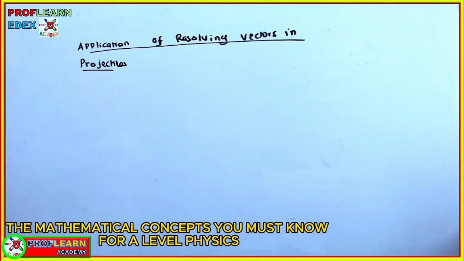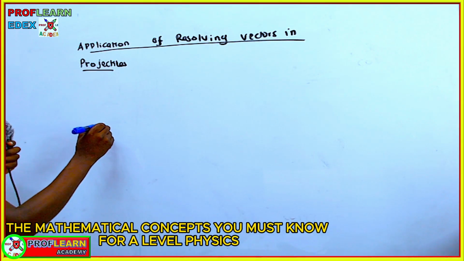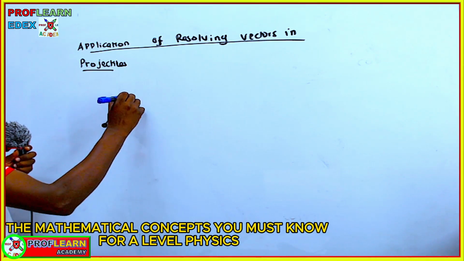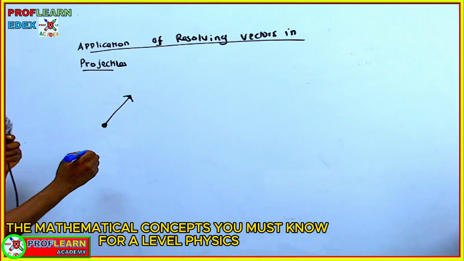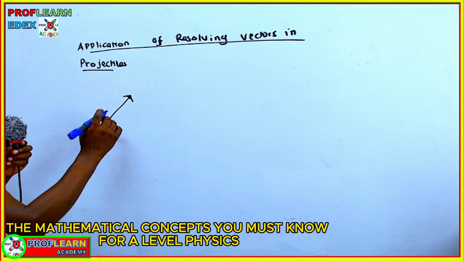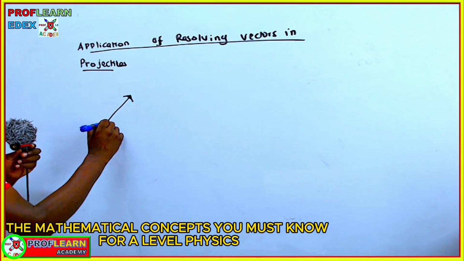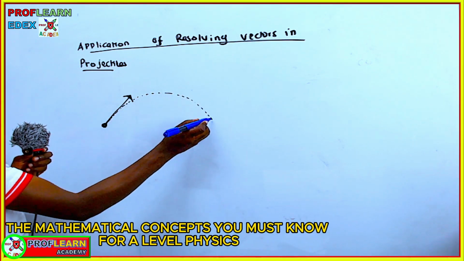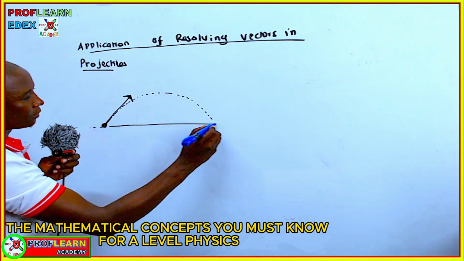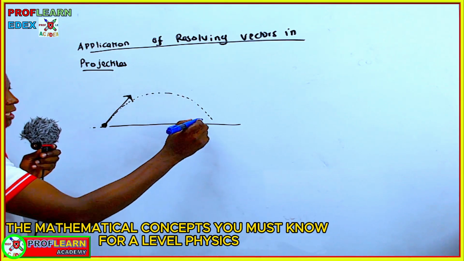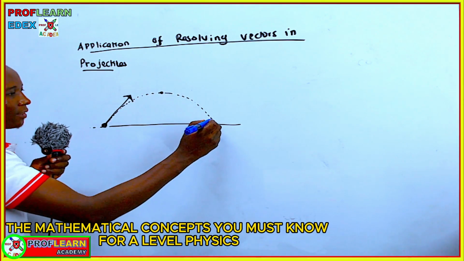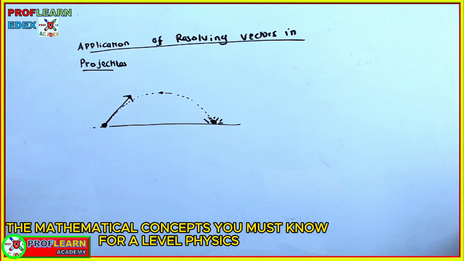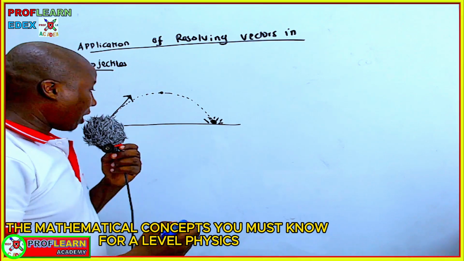So when we are talking of a projectile, for instance, if an object is projected at an angle like that, you realize that this object is going to move like that, and then it will land somewhere here. The object will move at an angle, it reaches the maximum height, and then finally it's going to land somewhere there. So you'll be given questions with projectiles.